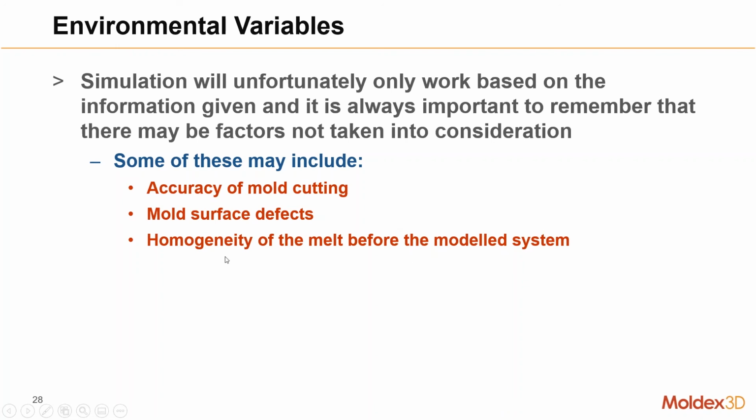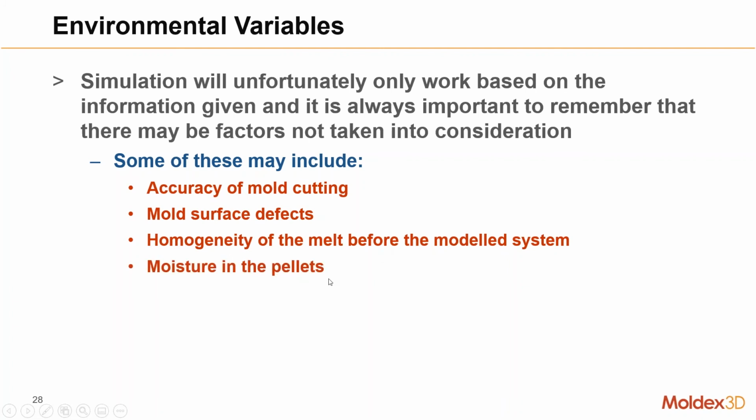So in the barrel, the simulation just assumes that we have a nice uniform temperature as we come into the system. If our barrel isn't long enough to obtain some sort of homogeneous melt, then there's always going to be some sort of discrepancies as far as the pressure requirements to push that material if the viscosity isn't the same between the material there and what we're simulating.